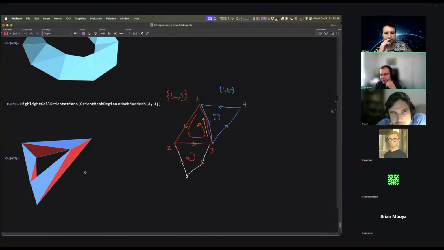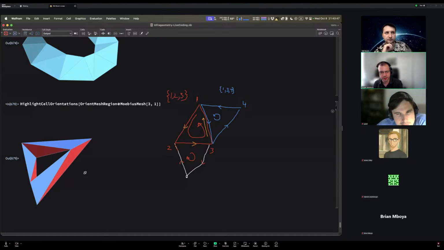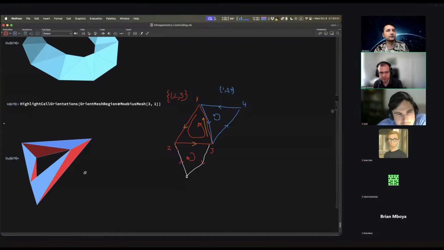Right, you can extend the orientation of one triangle to its neighbor by forcing it to agree on the common boundary component, and then that boundary component induces an orientation on this white triangle. So I can make this one red. I can extend the red orientation triangle by triangle outward, but depending on the topology of the thing, it might not work.